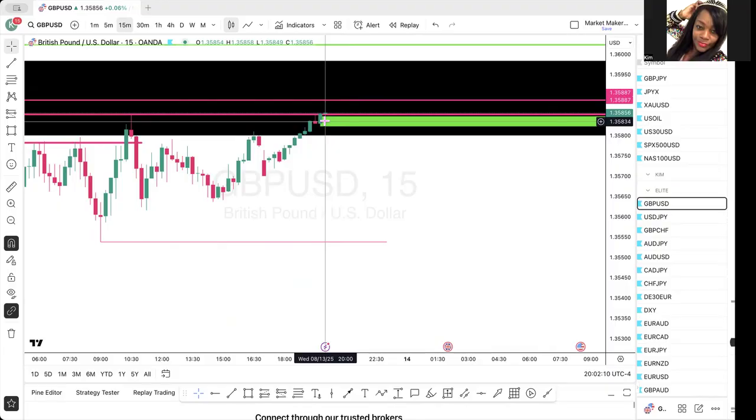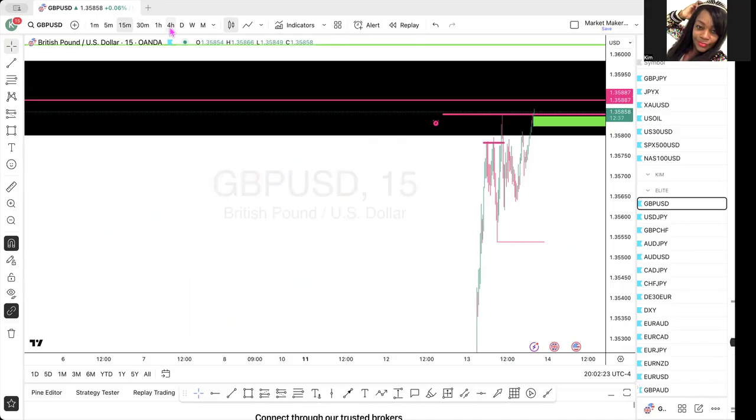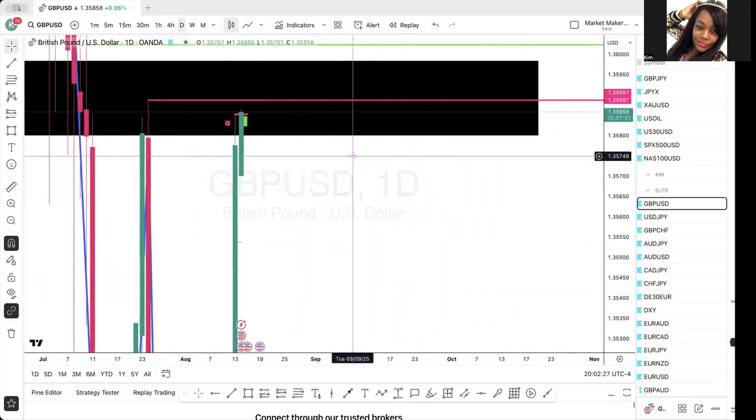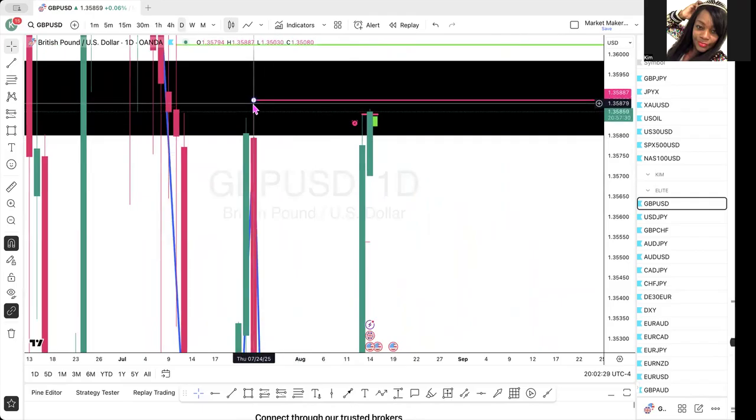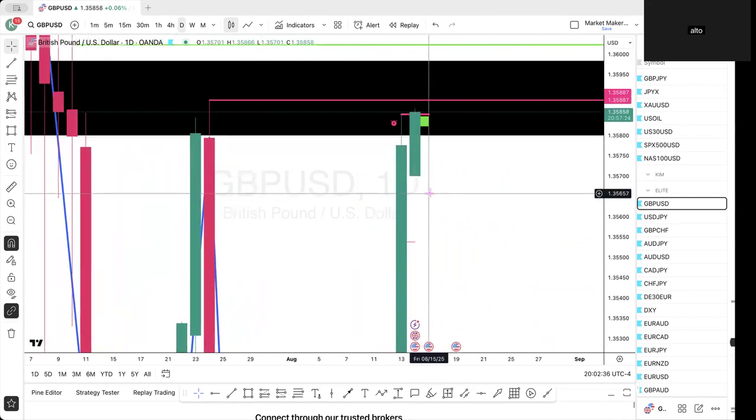The one thing I didn't mention is once you get to a zone, a key level, you just sit on your hands and watch what price does. Because technically, we know that this is really our swing high. It hasn't broken that yet.